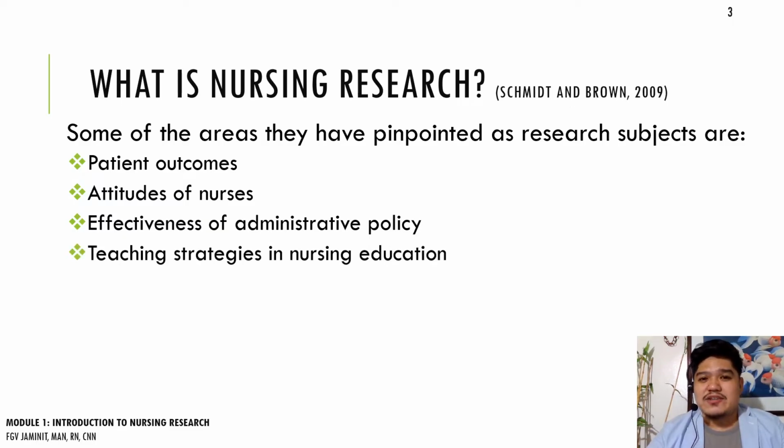Teaching strategies in nursing education, especially in this time of pandemic where the education system has shifted from face-to-face classes, which means there would be physical interaction between teachers and students in the school, to virtual learning abruptly. Okay, so understanding the changes in this time of shift of the education system would be one of the subjects in nursing research.